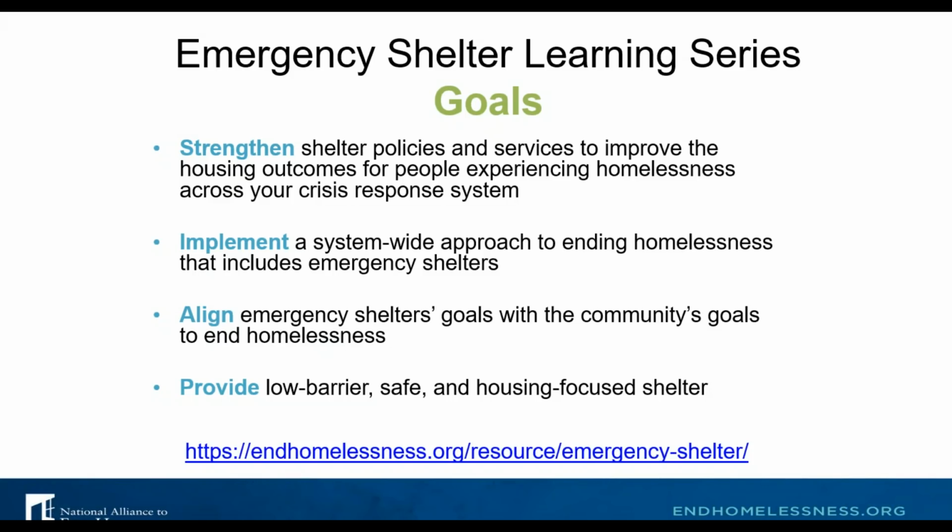For too long, shelters were not involved in some of the community planning and being a part of the process of ending homelessness. So we want to help you do that better. We also want to help you align the goals of your shelter with your community's goals to end homelessness and be more actively involved. And we also want to help you provide low barrier, safe, and housing-focused shelter.